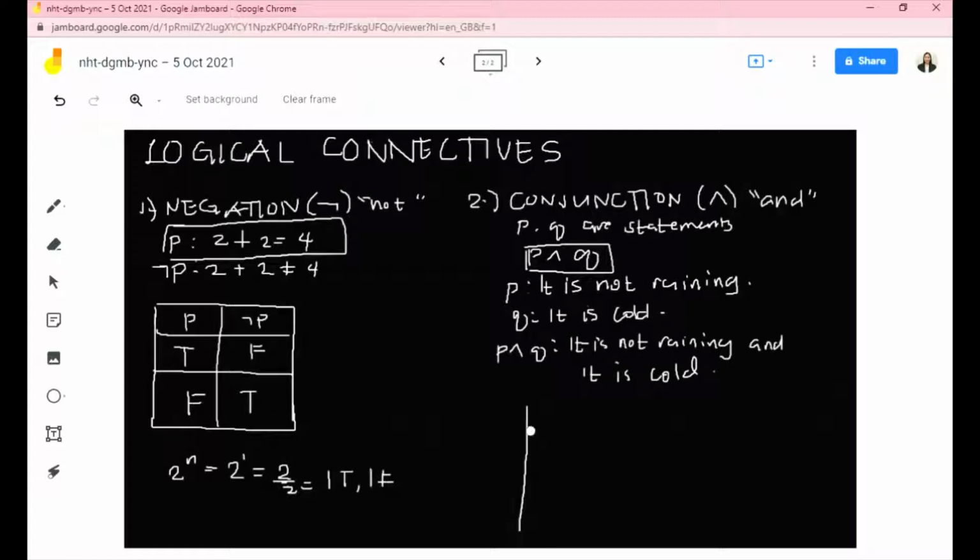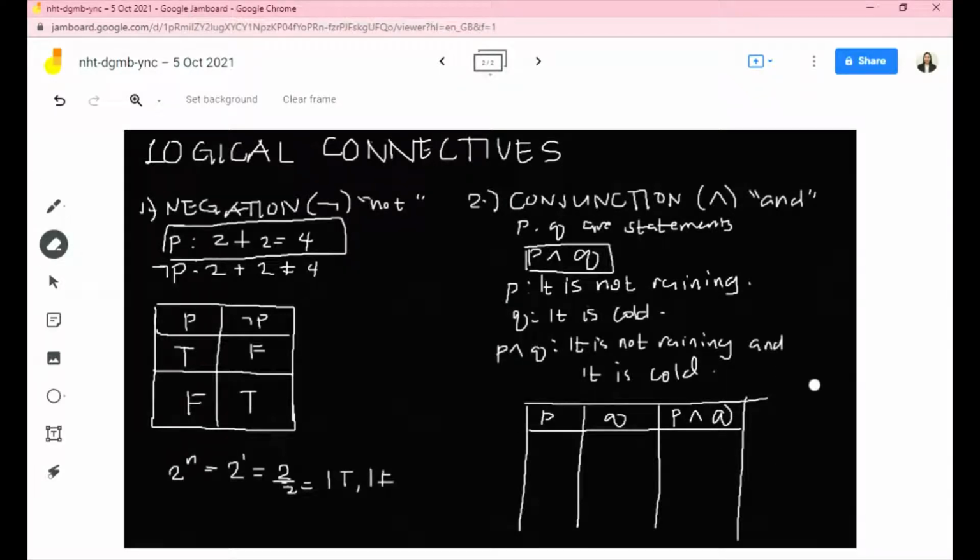So let's make a truth table. We have P, we have Q, this is for the second variable, and we have the compound statement P and Q. Now we'll have to see its truth values.